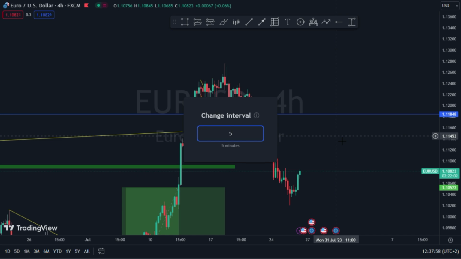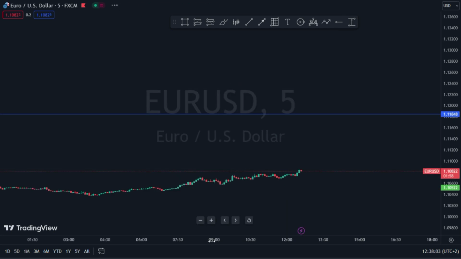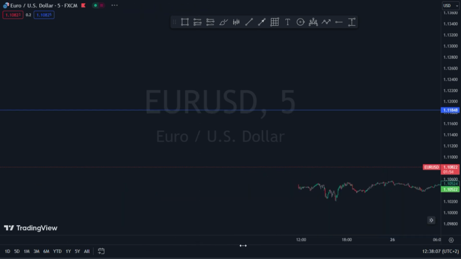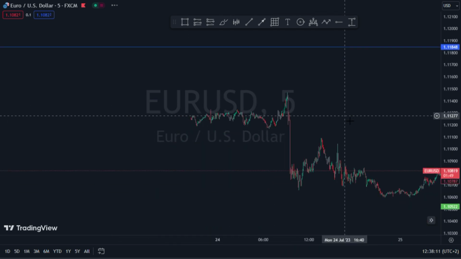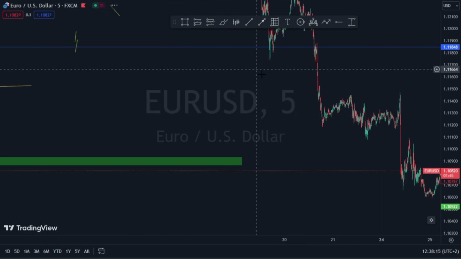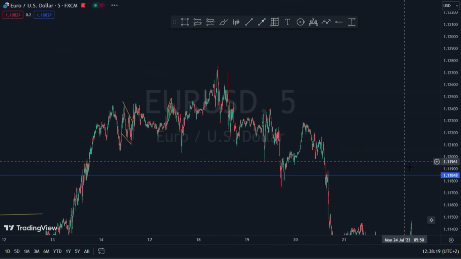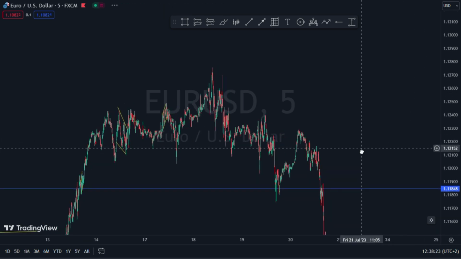That is where we look for our entry opportunities. When I get onto this 5 minutes time frame, I want to see how the market is presenting me those opportunities, because now we are too zoomed into the market. We also know how the market is behaving on those higher time frames, right?